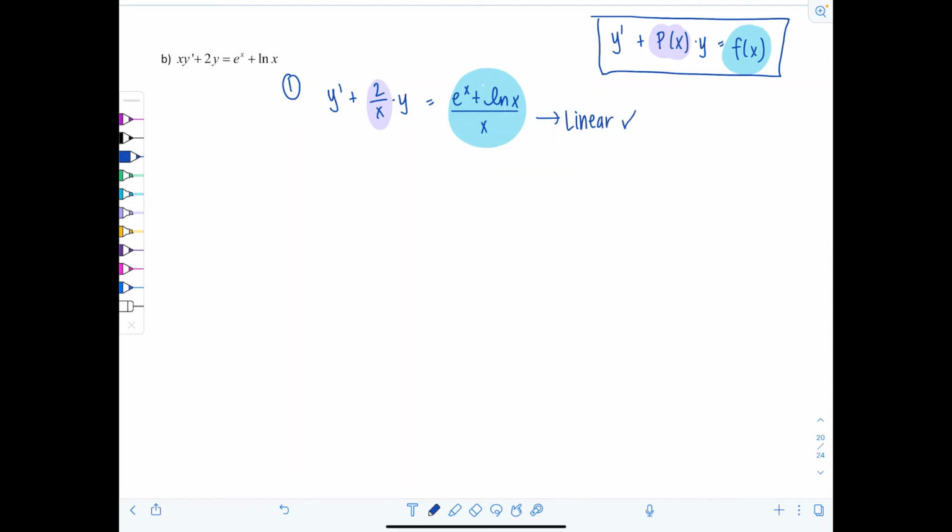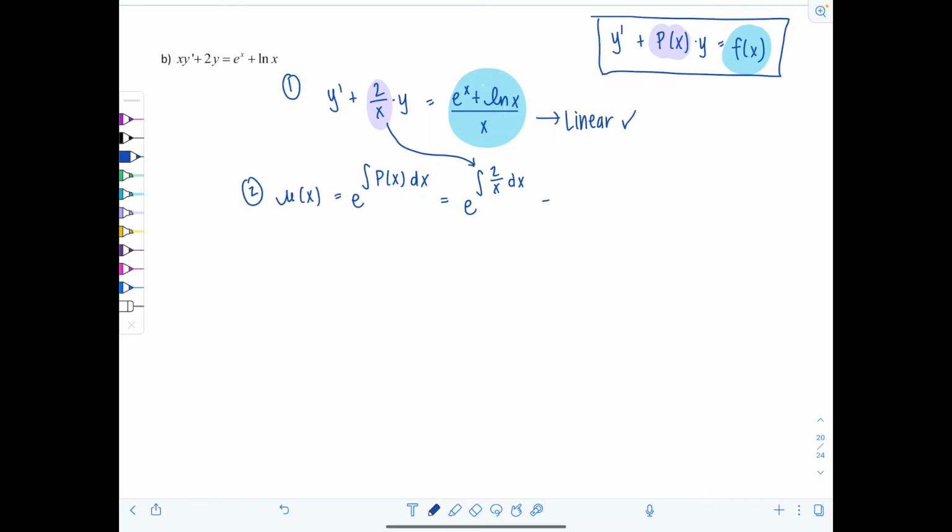Now it's time to go find that integrating factor. So integrating factor mu of x is equal to e raised to the integral of p of x dx. So that's going to be e raised to the integral of, there's my p of x, 2 over x dx. Good.